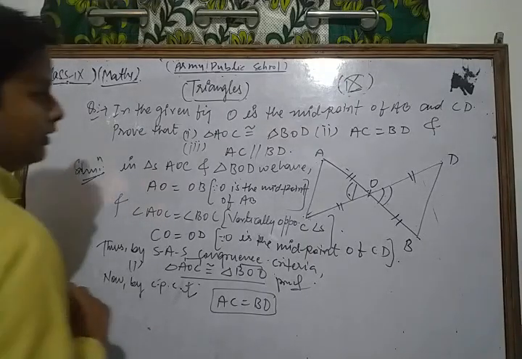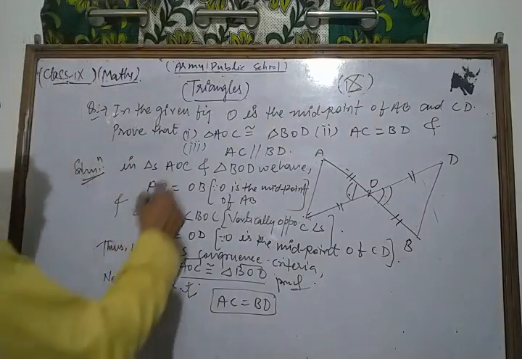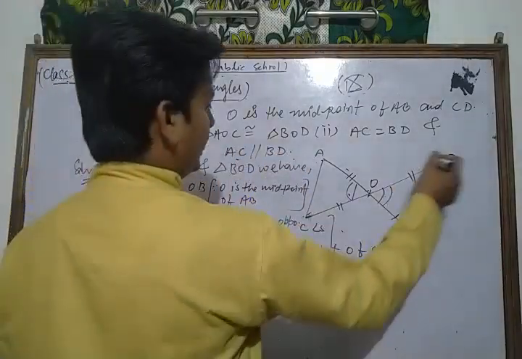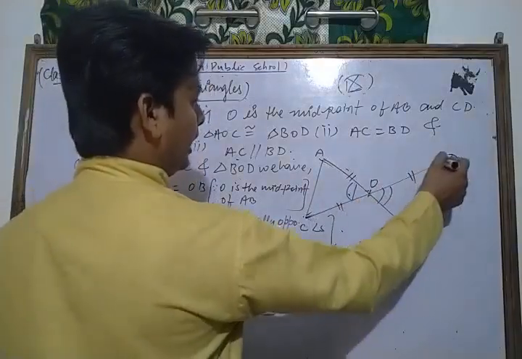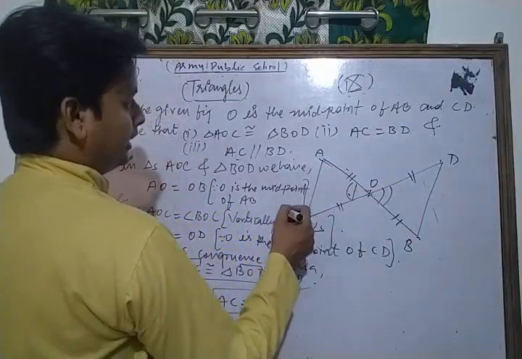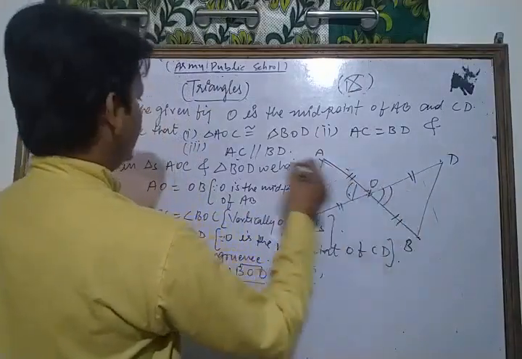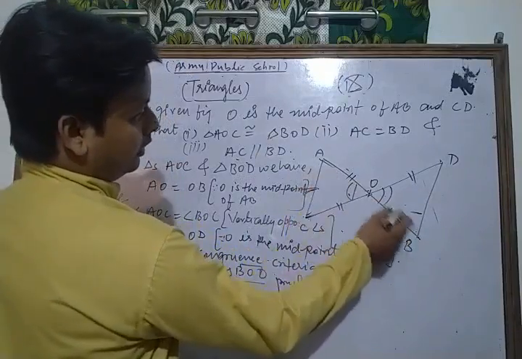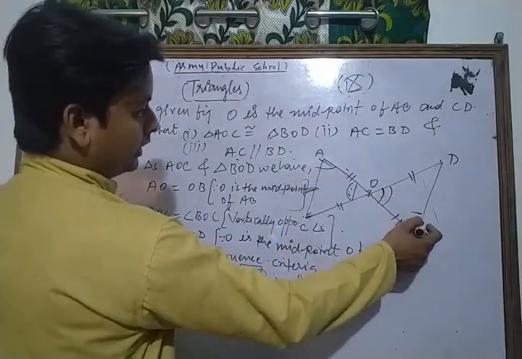Now let's see here. Third one is what? We have to show that AC is parallel to BD. It is very clear from the figure. Here two lines AB and CD intersect at point O, and AC is parallel to BD. Yes, because these are vertically opposite angles, and then they form alternate interior angles.